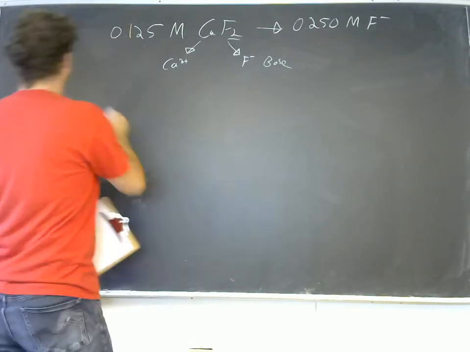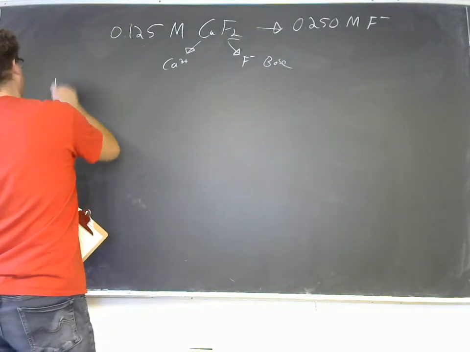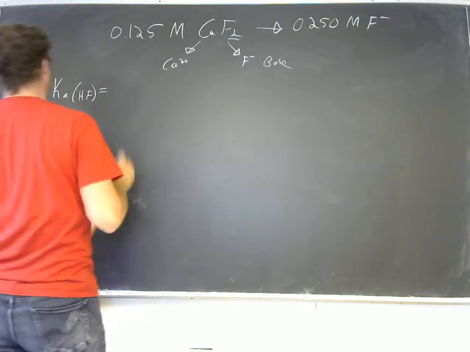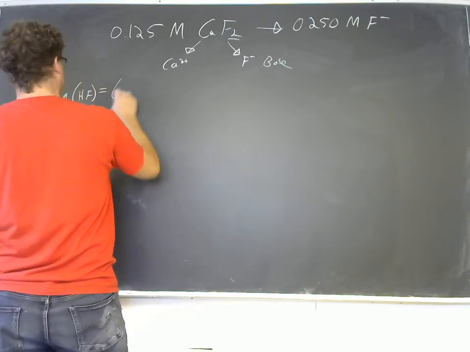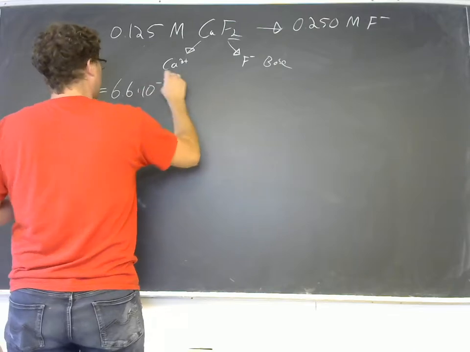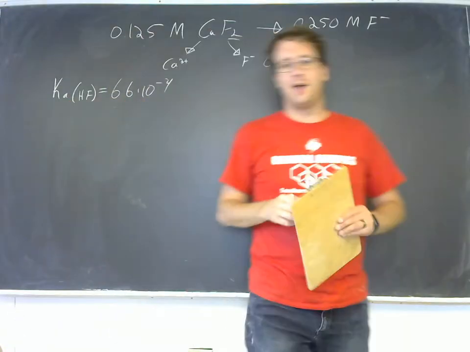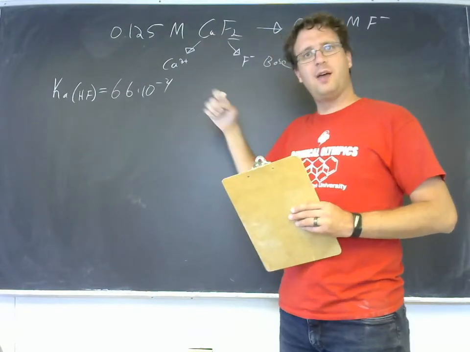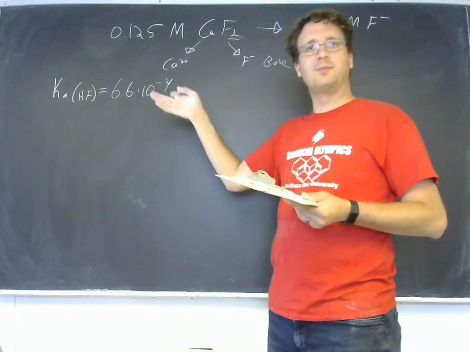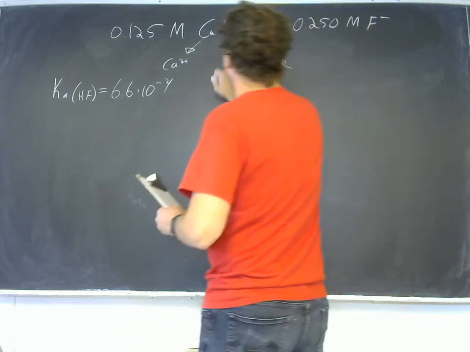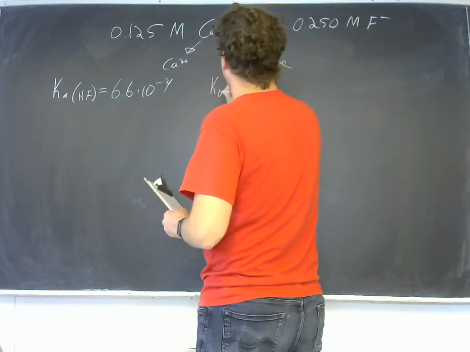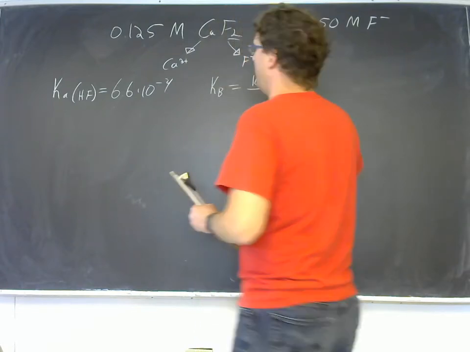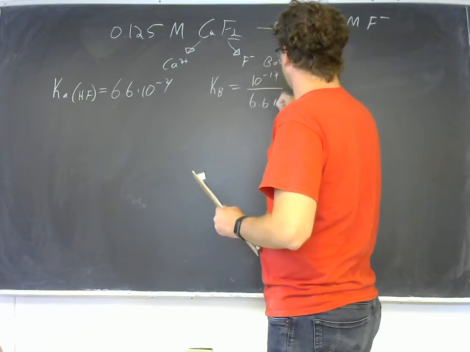You're much more likely to find the Ka value for hydrofluoric acid, which is 6.6 times 10 to the negative 4th. And remember, the conjugate pairs will have the property that Ka times Kb is equal to Kw. And so the Kb that we're looking for is going to be 10 to the negative 14th divided by 6.6 times 10 to the negative 4th.